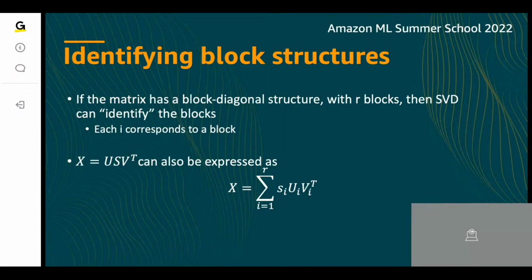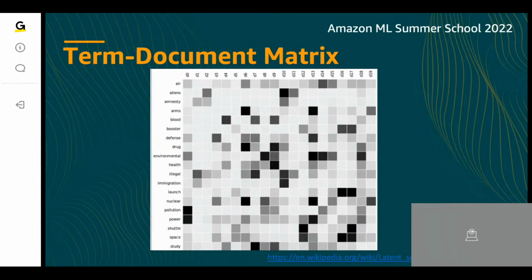So what SVD does is that it allows us to identify block diagonal structures. In case a matrix has a block diagonal structure, then SVD can help us recognize that. I'll give you some examples of what that block diagonal structure looks like and how it is beneficial, but mathematically it is expressed, like we saw earlier, as a multiplication of smaller matrices U, S, and V transpose.